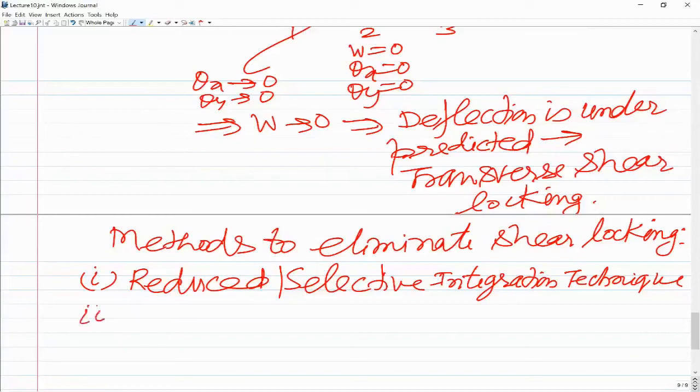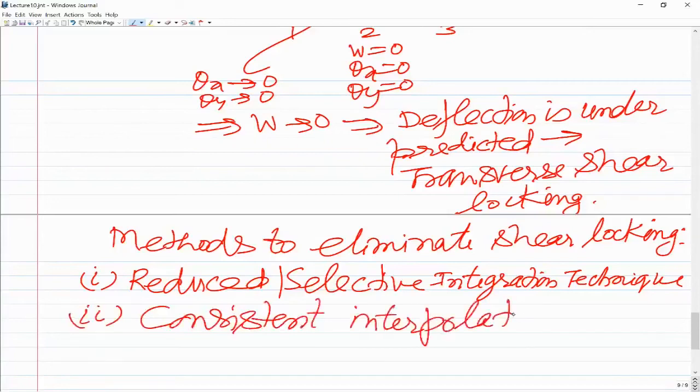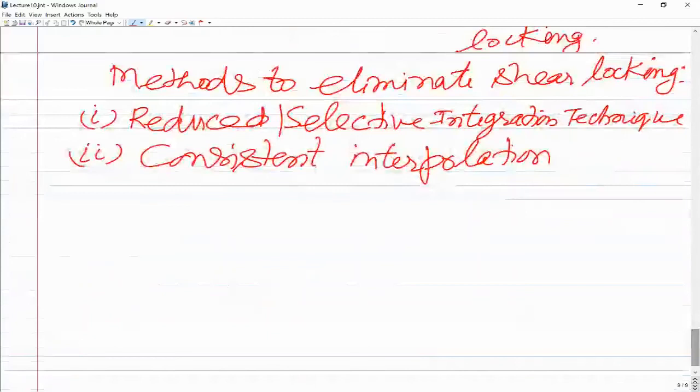And then the other is what is known as consistent interpolation. I am going to explain all three techniques in detail, but I am briefly telling you. In consistent interpolation, if you look at the transverse shear strains, the problem comes because del w by del x has fewer terms and theta x has more terms.